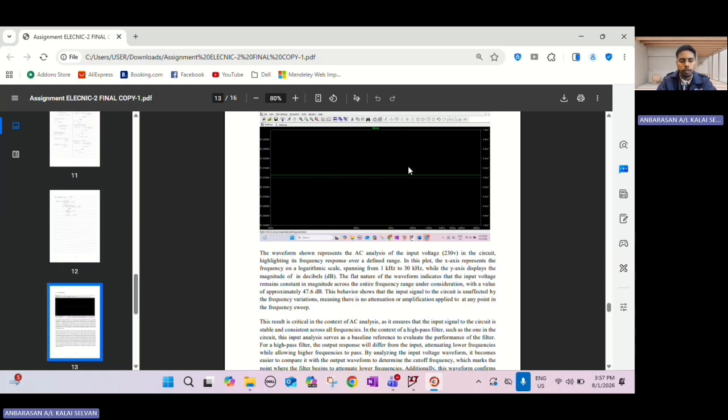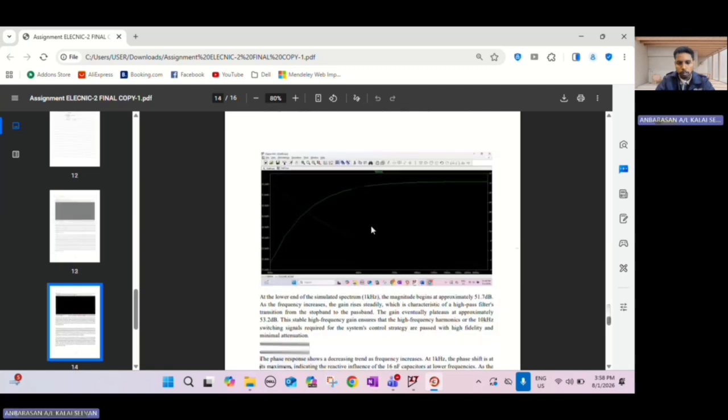From the simulation waveform, we can observe that before filtering, the signal contains unwanted low frequency components which can affect the accuracy of sensitive equipment in the PV system. After applying the active high pass filter, the output waveform becomes much cleaner. This shows that the filter successfully attenuates low frequency noise while allowing the desired higher frequency signal to pass through.